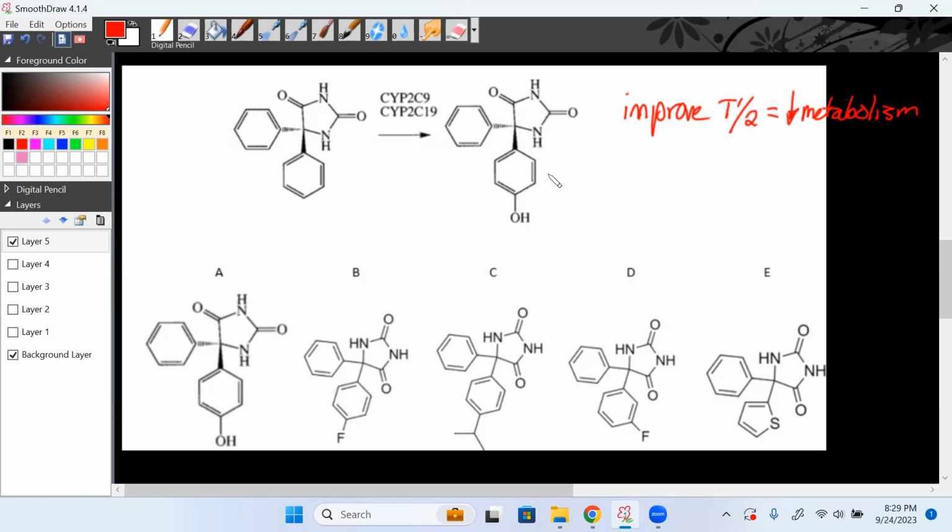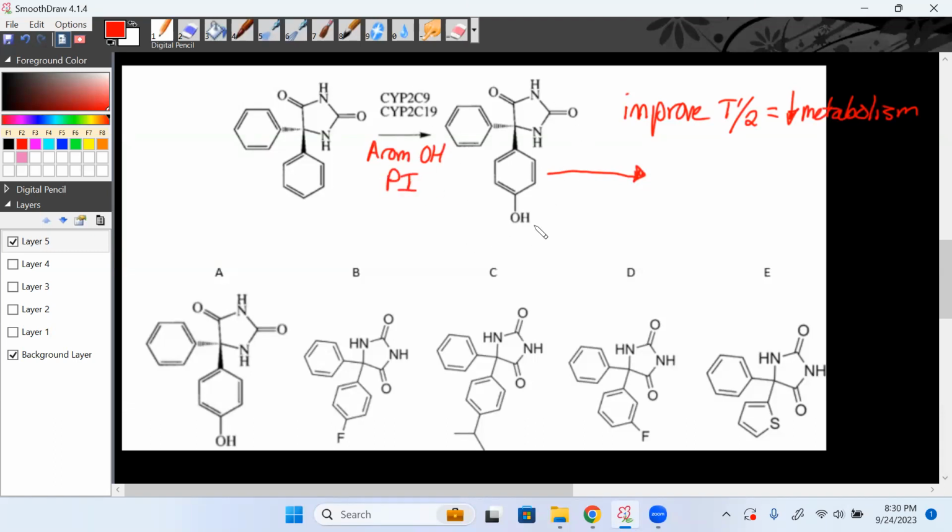What do we know would happen to this drug once it reaches this structure? What is most likely going to happen next? So here we had aromatic hydroxylation, which is a phase 1 reaction.